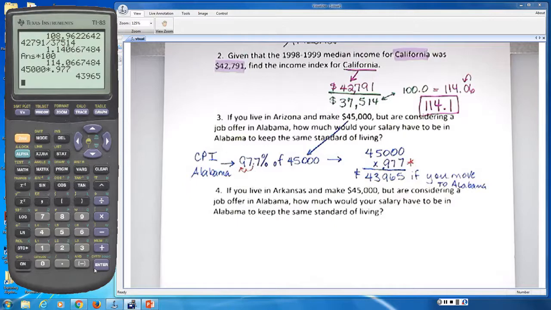Okay? So you could afford to take a little bit of a pay cut.